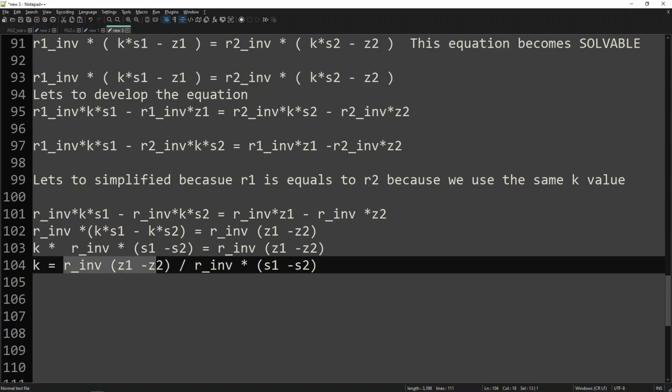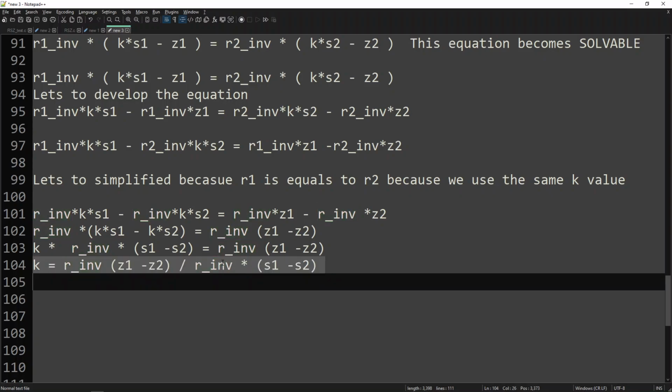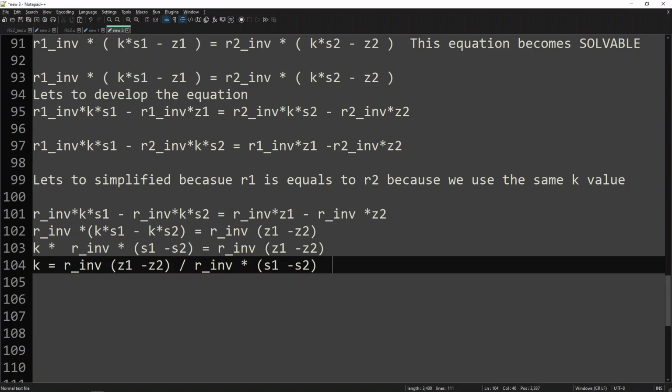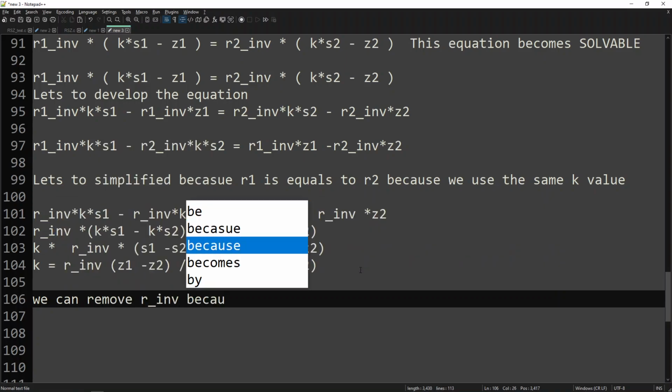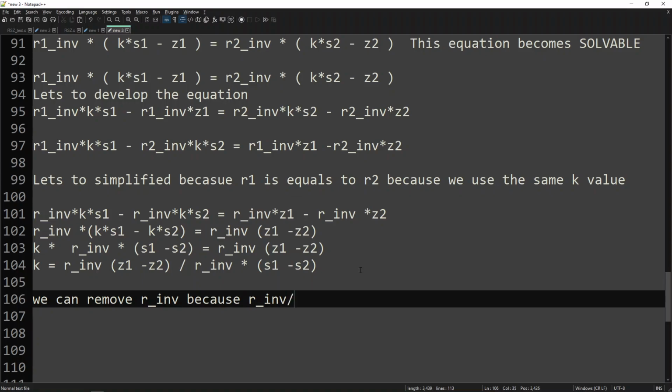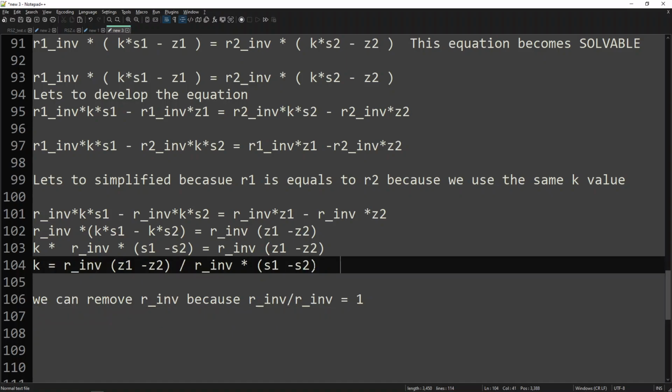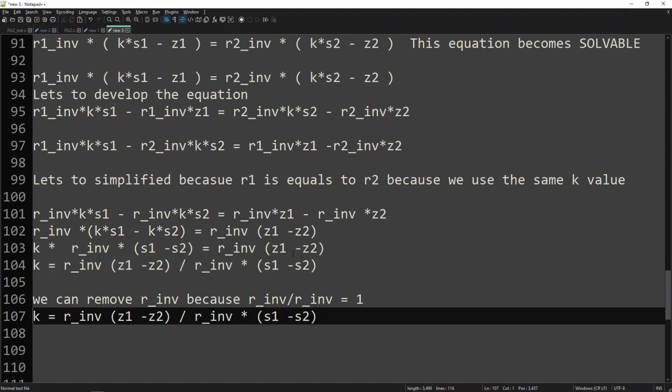What happened? In this side of the equation, we have R inverse R in both sides of the divisions. We can also remove this, because here we can remove R, because this between this is equal to 1. So let's move this and this.